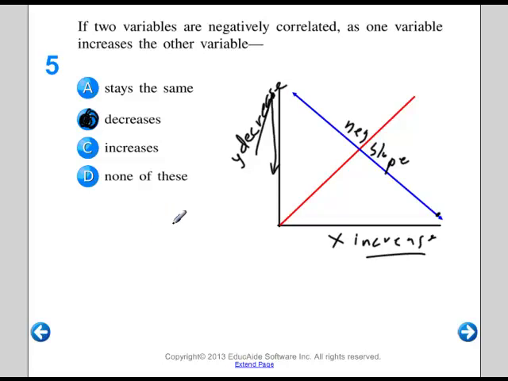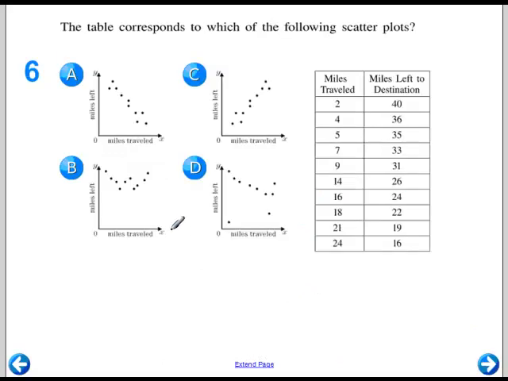And then if I have a graph and all the points are just everywhere, like in this situation, and there's no trend or no pattern, this is no correlation.